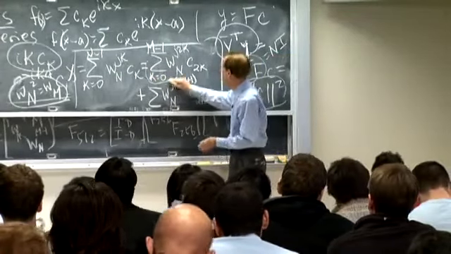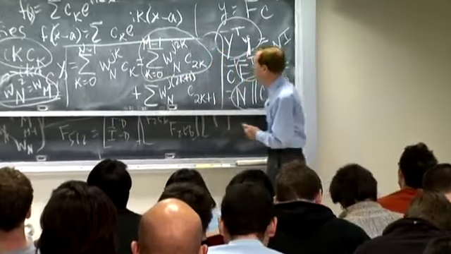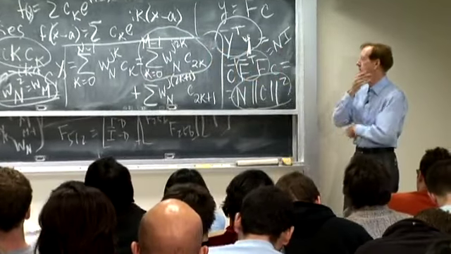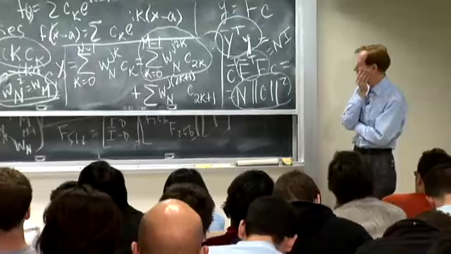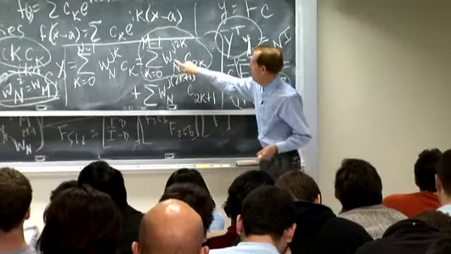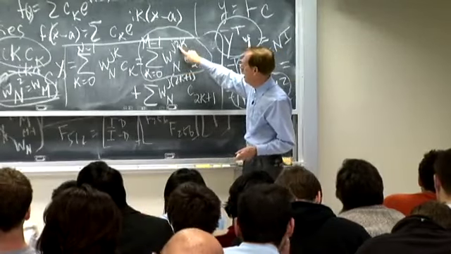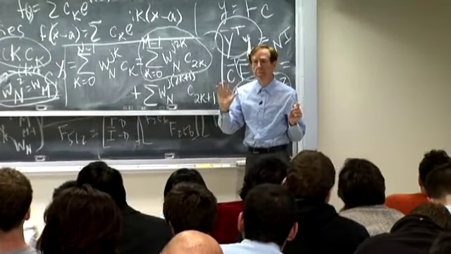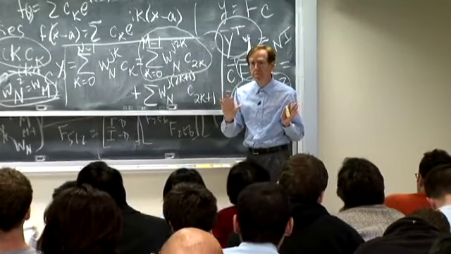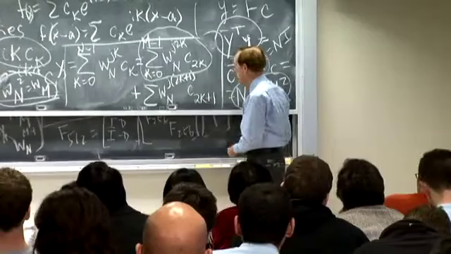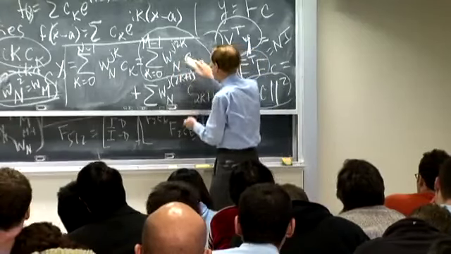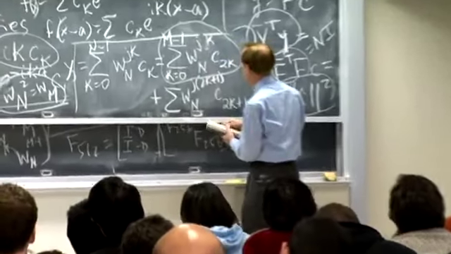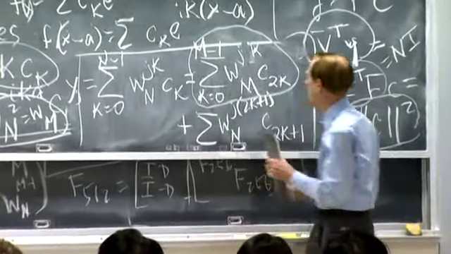For example, this term. What have I got there? Look at that term. That's beautiful. That's Wn squared. What is Wn squared? It's Wm. So instead of Wn squared, I'm going to replace that by Wm.